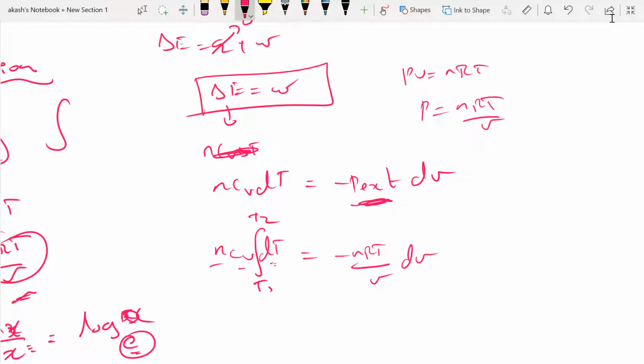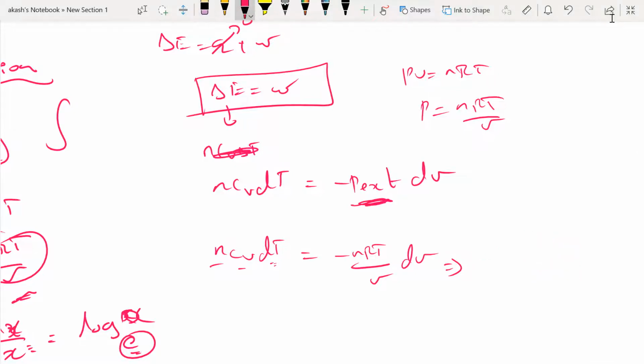Now we have nRT by V. So I will be able to rewrite this as minus nRT integral of dV by V. Right, because again, okay, fine. One second, before we integrate, let us regroup the terms.